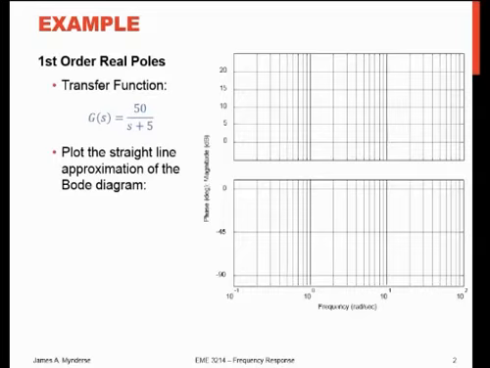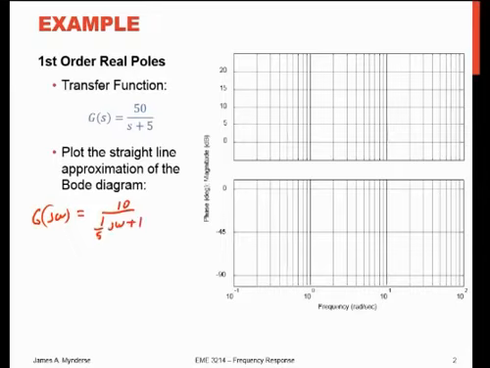The two things we need to know about a first order system are the steady state gain and the corner frequency when we draw a Bode plot. So I'm going to rewrite my transfer function just a little bit: G(j omega), substituting j omega for s so we work in the frequency domain, equals 10 over (1/5 j omega plus 1).